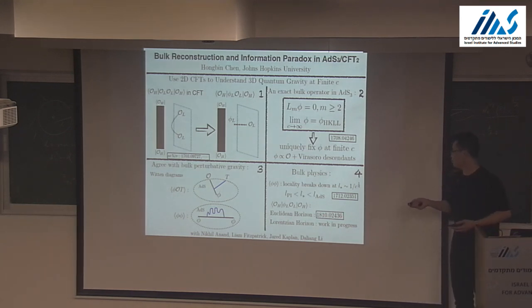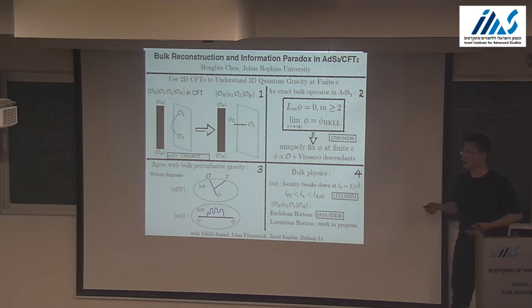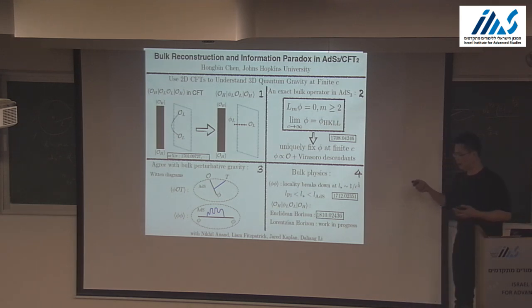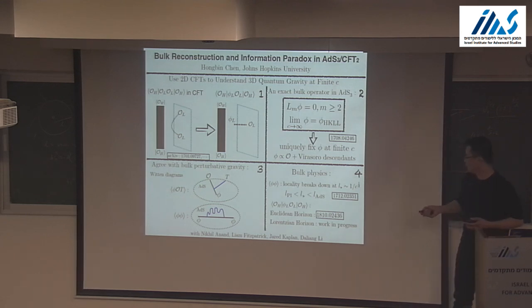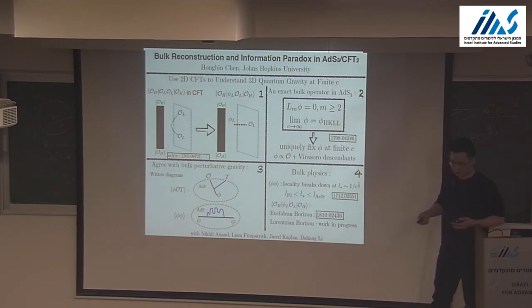In this paper, we developed several computational tools to compute these Virasoro blocks, and we show that as you go near the black hole horizon, the difference between this exact calculation and the semi-classical gravity becomes larger and larger. But of course, the more interesting case is the Lorentzian black hole horizon, especially the experience of an infalling observer, which is what we are currently investigating. So stay tuned. Thank you.